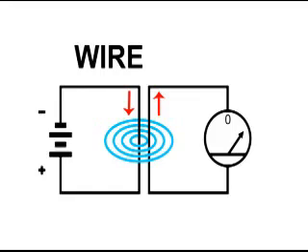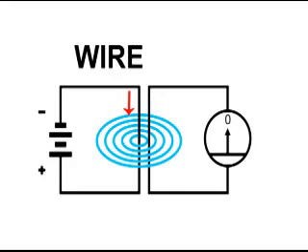And this will continue as long as the magnetic field is expanding, cutting across the second wire, or we could call that the secondary. When the magnetic field stops, then the current stops in the second wire, or the secondary.